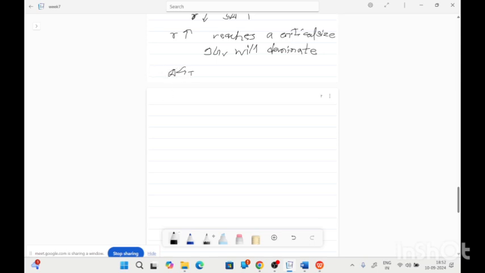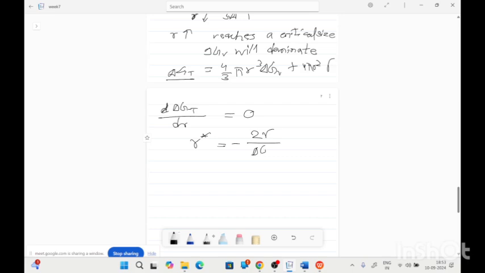The delta GT term can be written as 4 by 3 pi r cube delta GV plus 4 pi r square gamma. If we differentiate this with respect to radius, d delta GT by dr, and equate it to 0, we find the critical size of the solid nuclei, which is minus 2 gamma by delta GV.